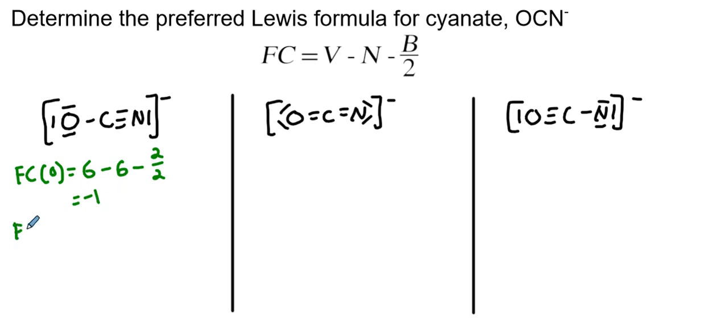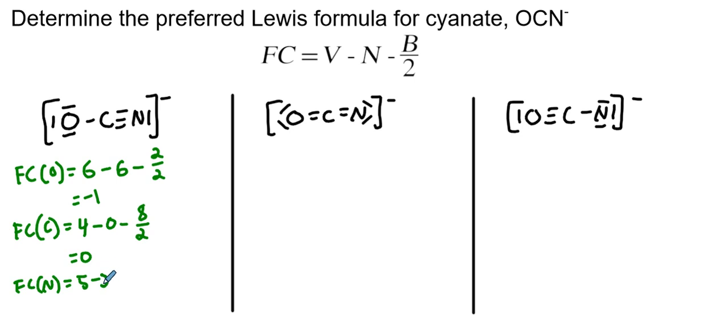Then we can repeat this process, the formal charge, for the carbon. Carbon has 4 valence electrons. It has 0 lone pairs in this case, and it has 8 bonding electrons. It controls half. So this will give us a formal charge of 0. And then lastly, we have the formal charge on the nitrogen. Nitrogen has 5 valence electrons.